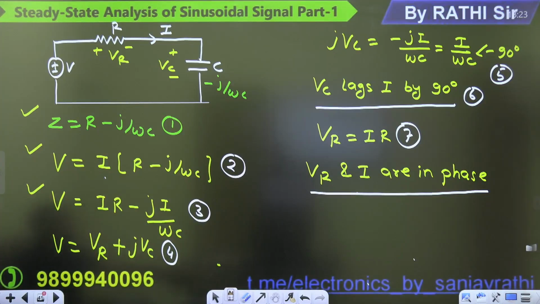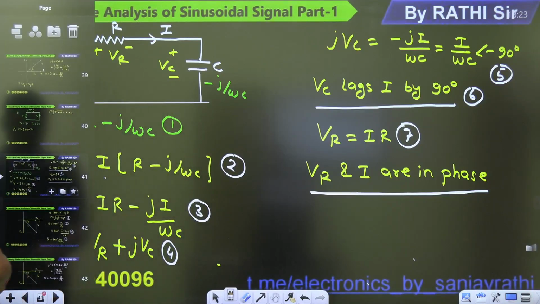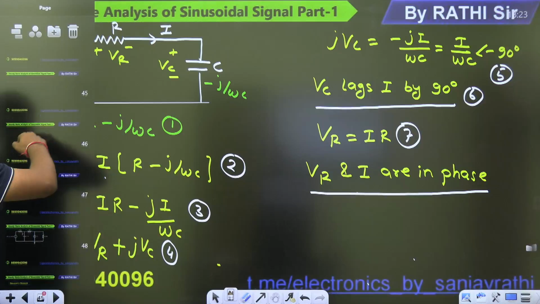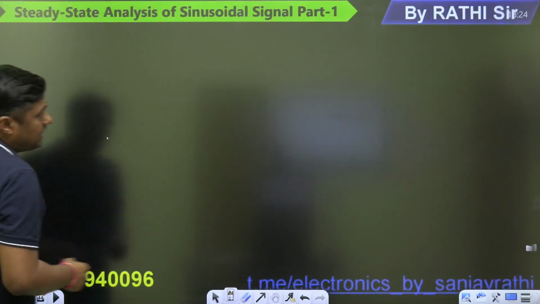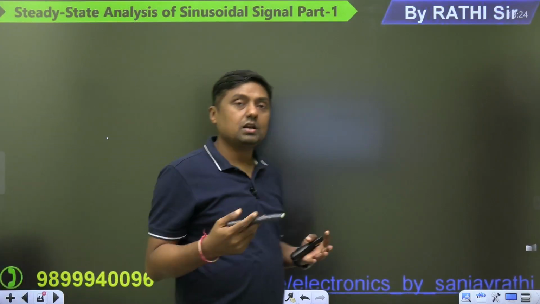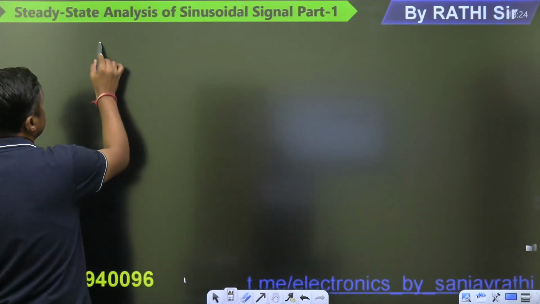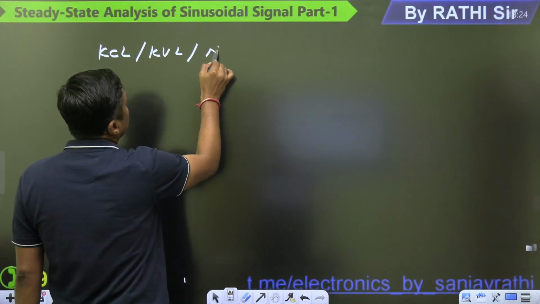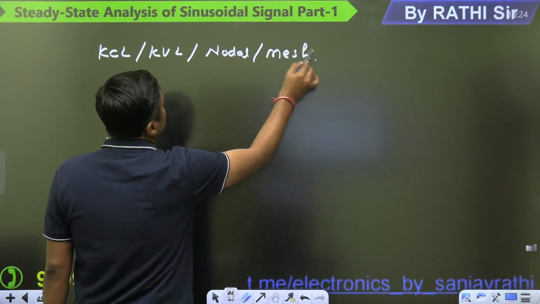Now, this type of questions we have to solve. Then, try to understand, we are just applying nodal analysis, mesh analysis, similar to KCL, KVL, nodal, mesh, right?